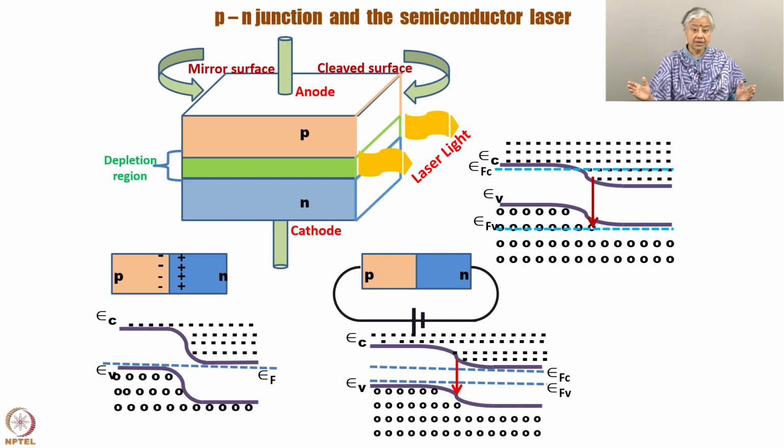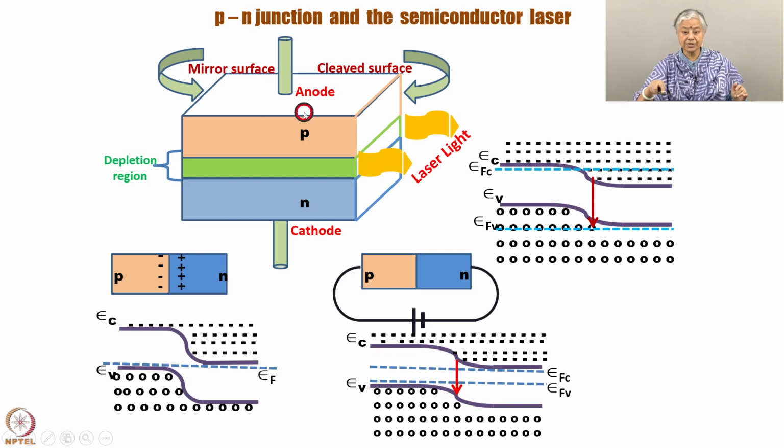So, that you would say is terrible as far as lasers are concerned. But then the advantage in case of semiconductor as compared to the other lasers is it has a very high gain coefficient. Because of that high gain coefficient, even a slightly less reflectivity is okay. The high gain coefficient makes up for the loss here, and that is how the lasing action takes place in this case.